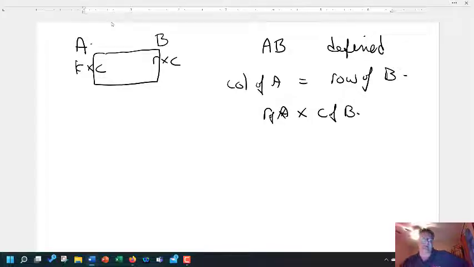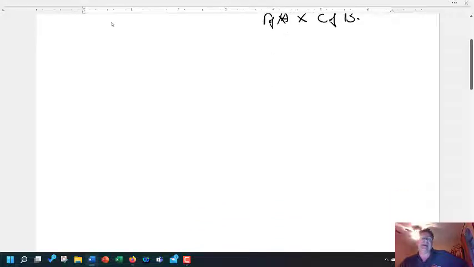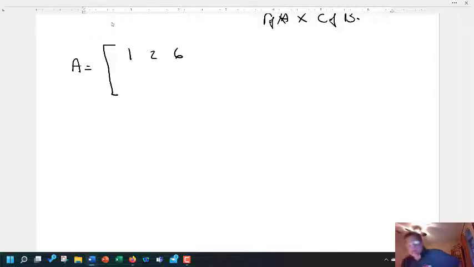So let's do this in a specific example and see how we actually do this multiplication. I'll actually do it as an example. A lot of times that works and people understand. So we're going to take A. In this case, we'll be specific. A is going to be 1, 2, 4, 2, 6, 0.